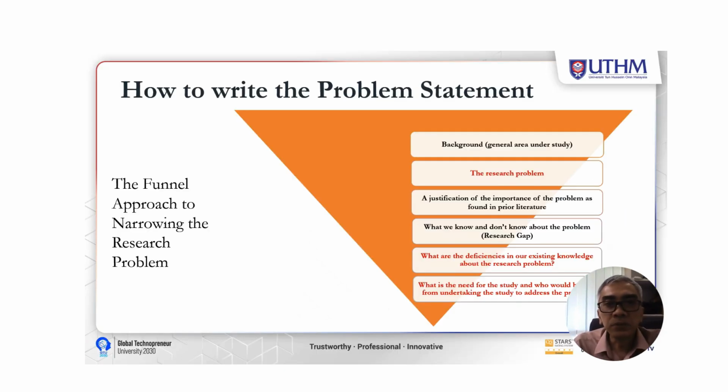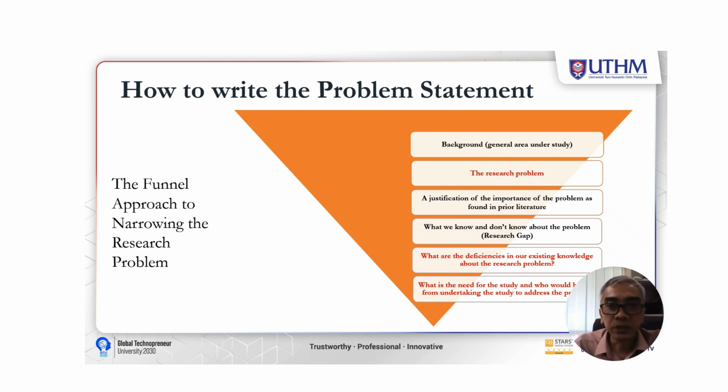When writing a problem statement, we use what is called the funnel approach. We begin with the general background of the issue. Then we justify the importance of the problem using literature. Next, we identify what is known and what is not known.